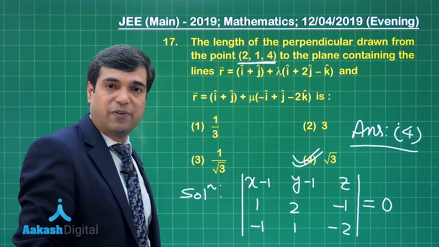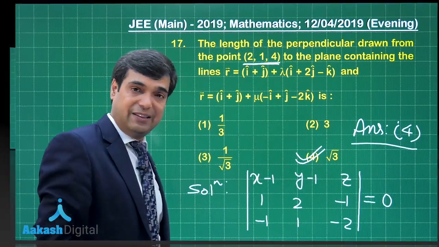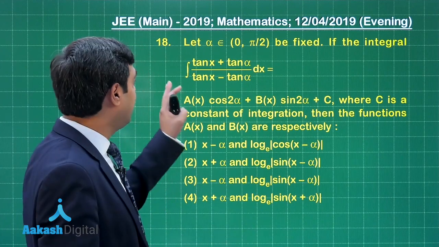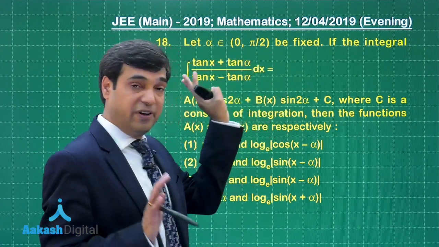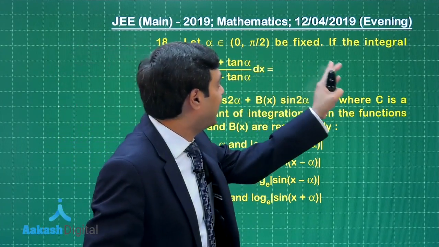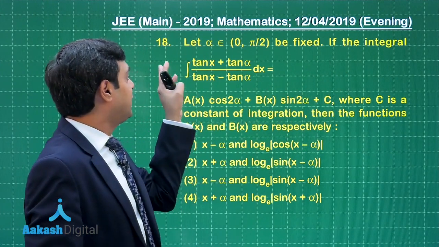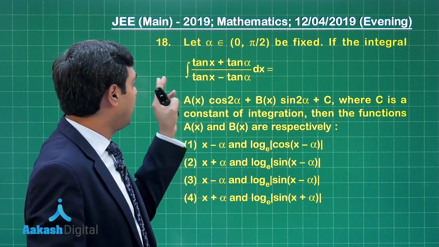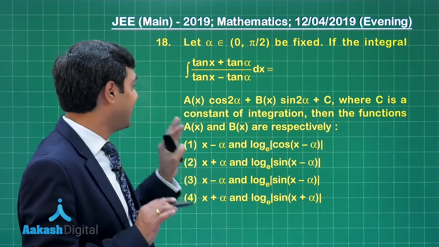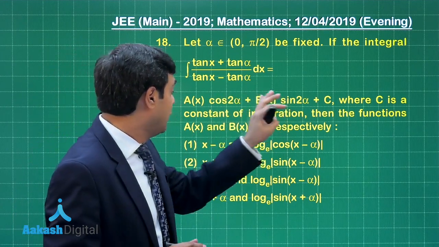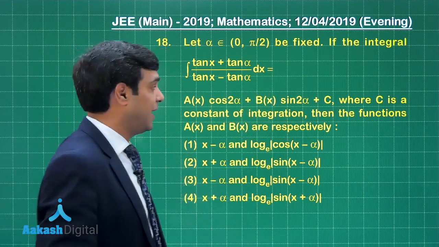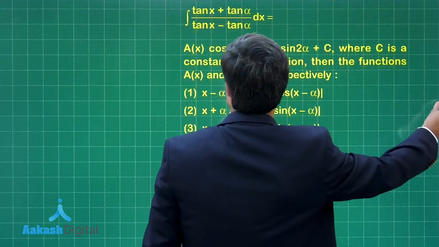Let's move on to the next one, that is question number 18. So taking up question number 18, let alpha between 0 to pi by 2 be fixed. If the integral of (tan x plus tan alpha) upon (tan x minus tan alpha) dx is equal to this one, you have to talk about ax and bx. Let's plan this question.